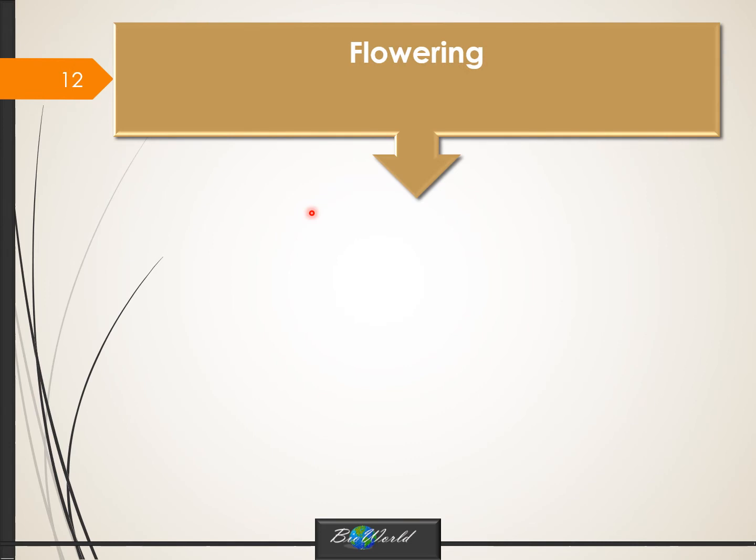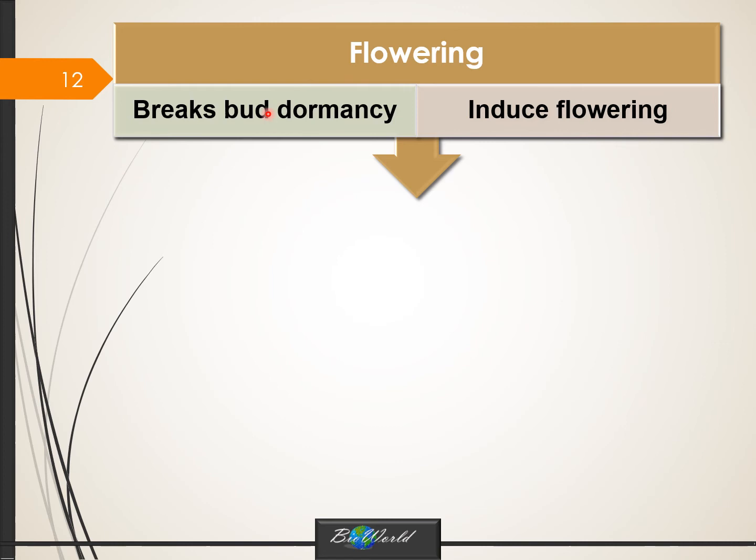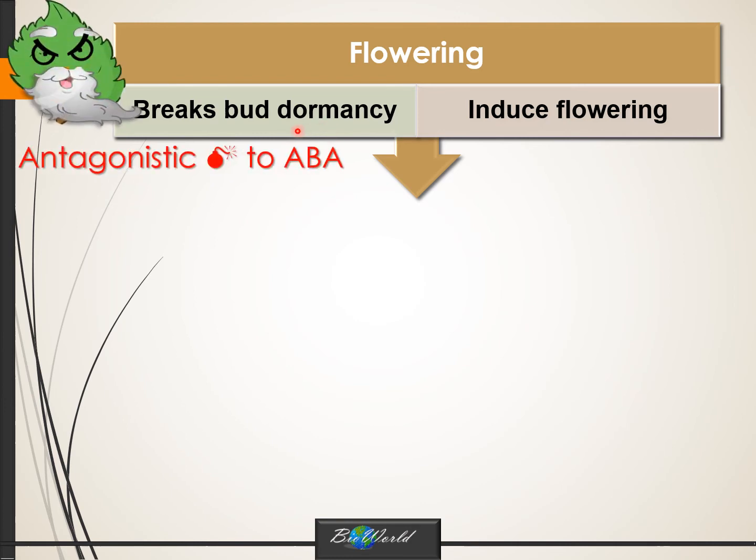Now, ethane is able to break bud dormancy and in this way stimulate flowering. Okay, first let's see the word dormancy. Whenever we come to the word dormancy, it is going to be connected to abscisic acid because abscisic acid promotes dormancy in every aspect of the plant.